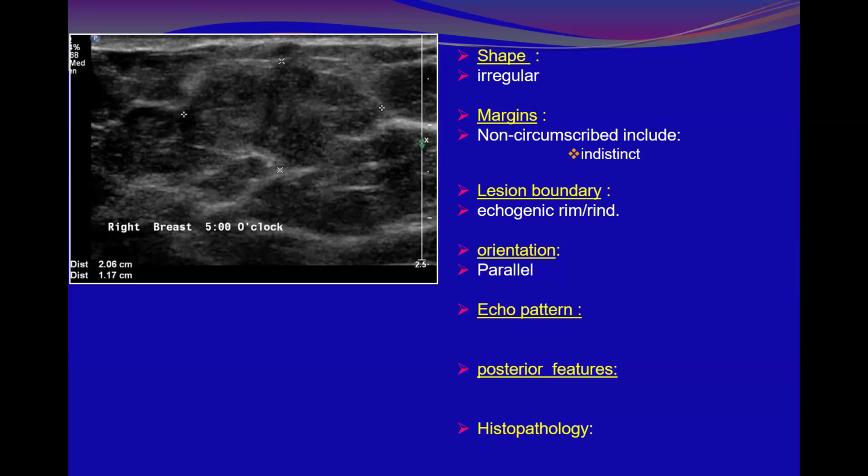Heterogeneous accepted, but it is isoechoic. Unless there is a surrounding reaction, it is difficult to differentiate from the adjacent fat. If you look at the fat here and fat here, unless you have seen this measurement and some surrounding reaction, you might say this is part of the fatty parenchyma. Okay, so posterior feature: not affected.